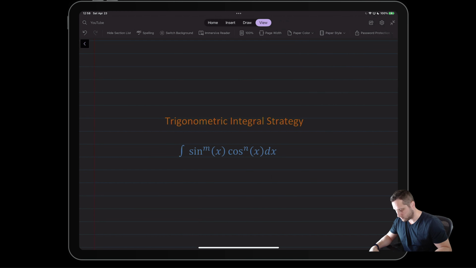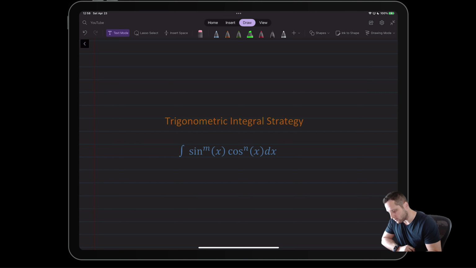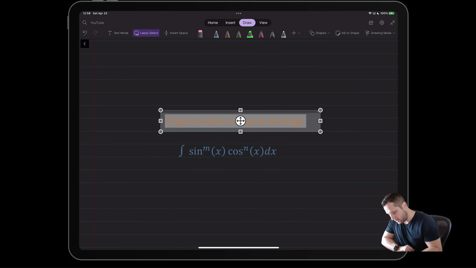The first thing you need to look at is what the powers are for the sines and the cosines.